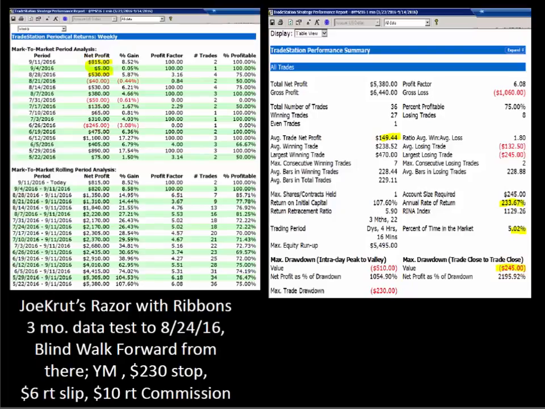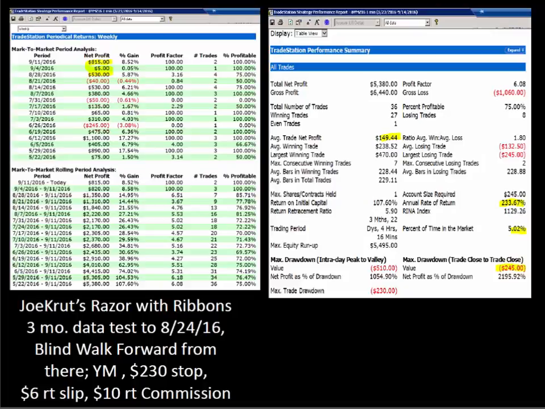Now, if we take a look at the current 3-month test, it was tested on August the 24th, and then blind walk forward from there on. It uses a $230 stop, a $6 round turn slip, and a $10 round turn commission.